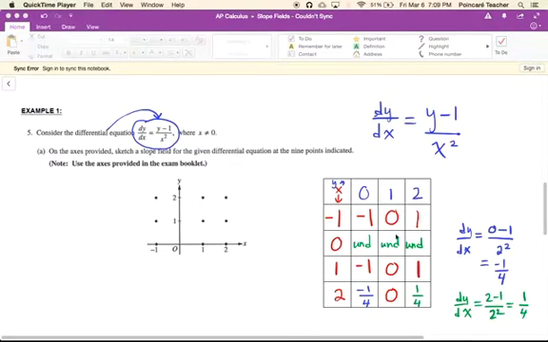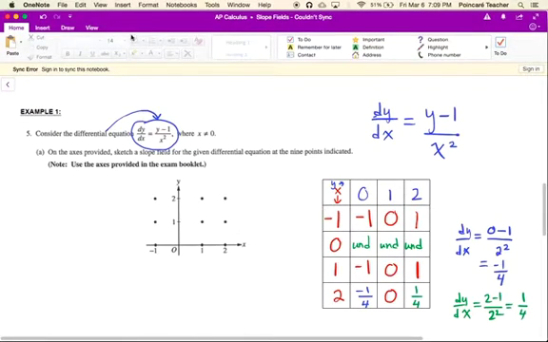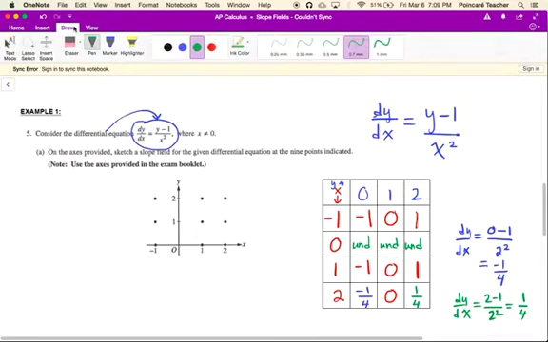Okay, so now we're going to transfer the information we have in the table onto the slope field setup. And I'm just going to go one by one. It's easiest to start with the slopes that are 0 because those are quicker to draw in. So I have a slope of 0 at the point negative 1, 1.